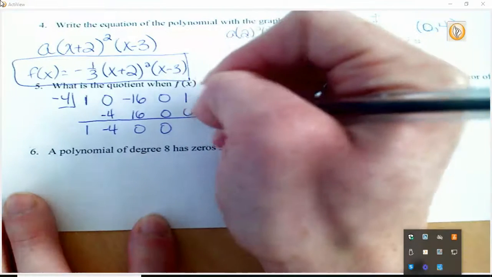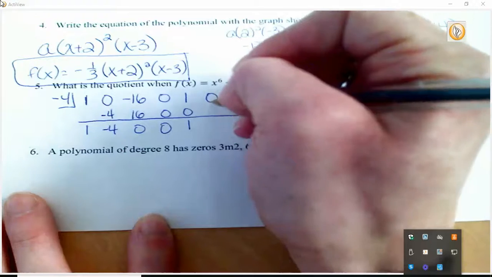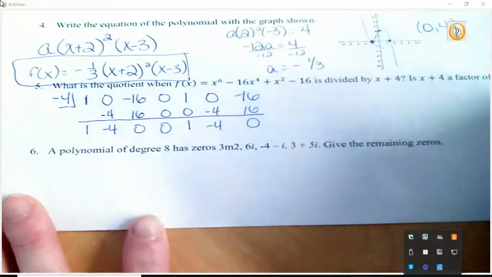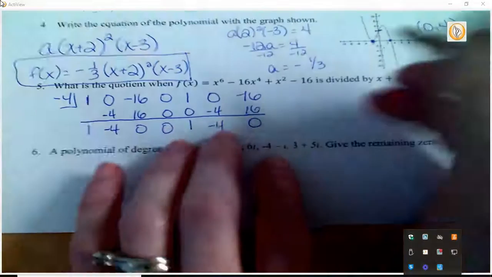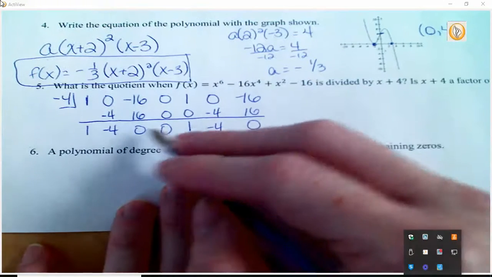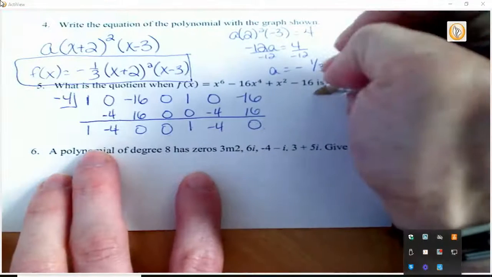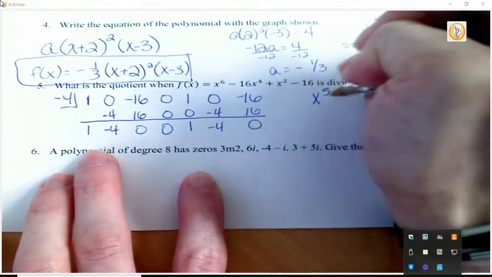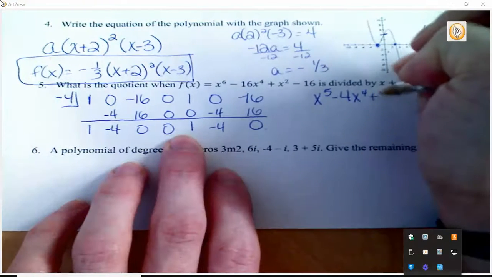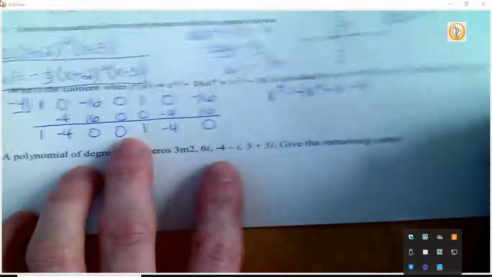Walking around, it looks like you guys are really good with the synthetic. It's just you missed a 0 when you were setting it up. So I asked you several questions. What's the quotient? This is my remainder, constant, x, x squared, x cubed, x fourth, x to the 5th. So my quotient is what do you get when you divide this? So that would be my quotient.